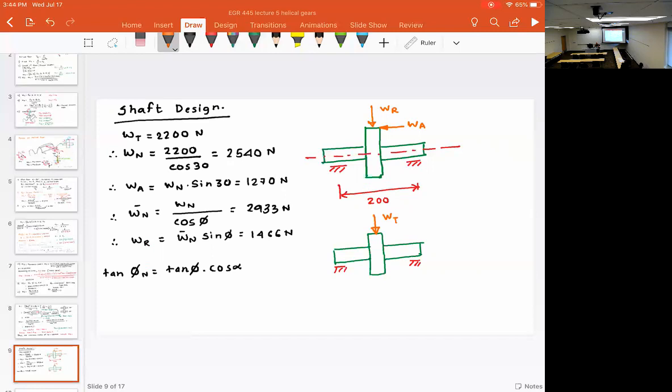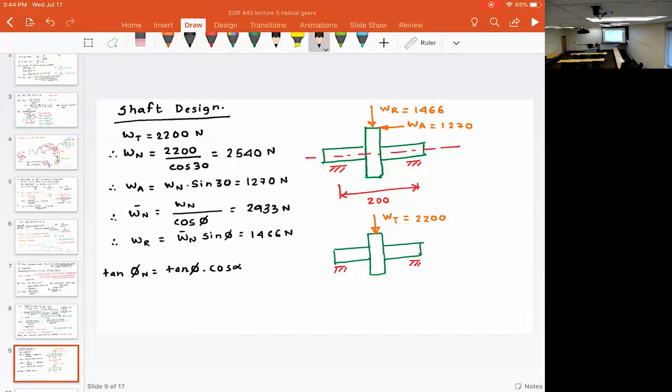Wr is 1466. Wa is 1270. Wt is 2200. Now I'm assuming two bearings, one on either side of the gear.